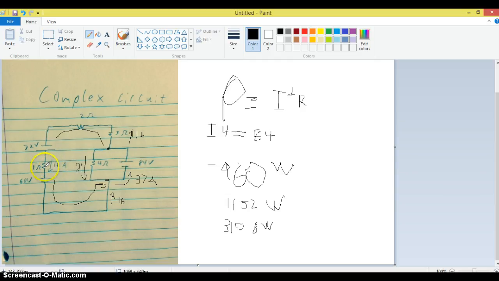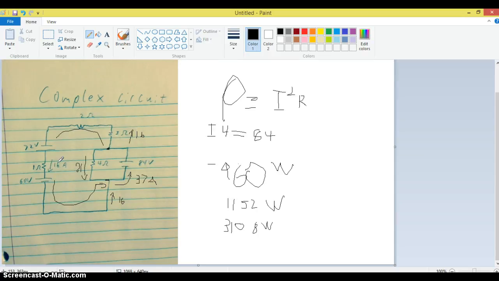At this first resistor, it's just 16 amps and a 1 ohm resistor.